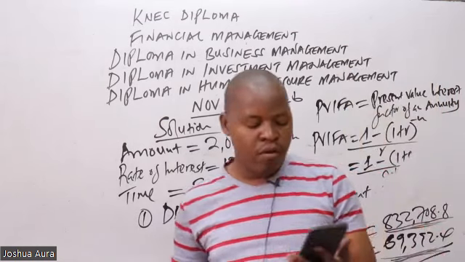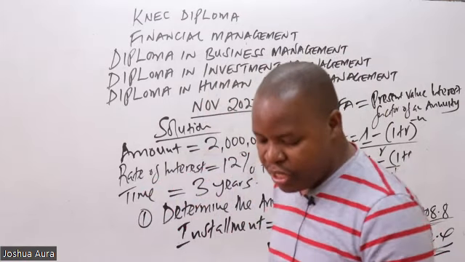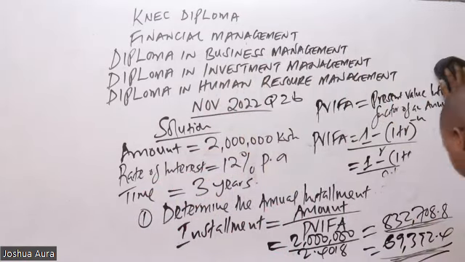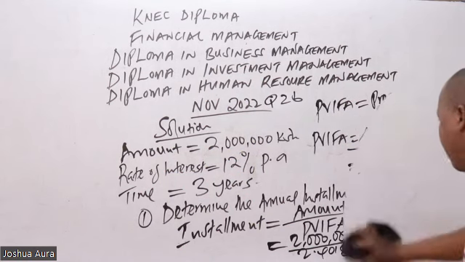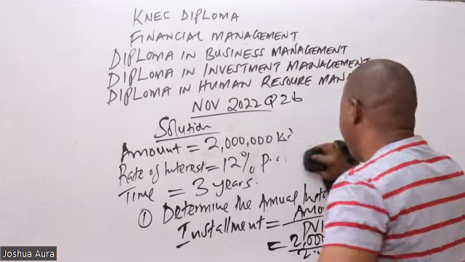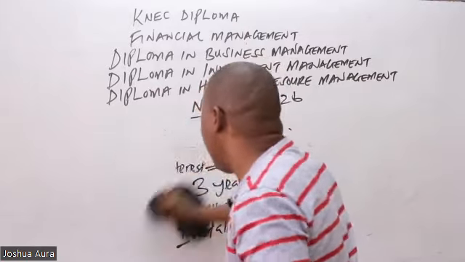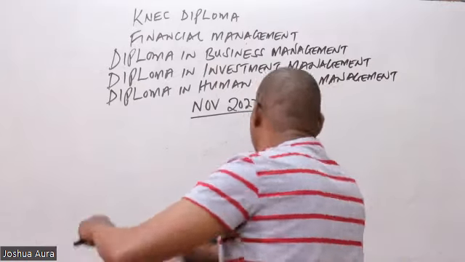The second part of the question is to prepare a loan amortization schedule. So allow me to rub these workings so that we can look at the second part of this question.